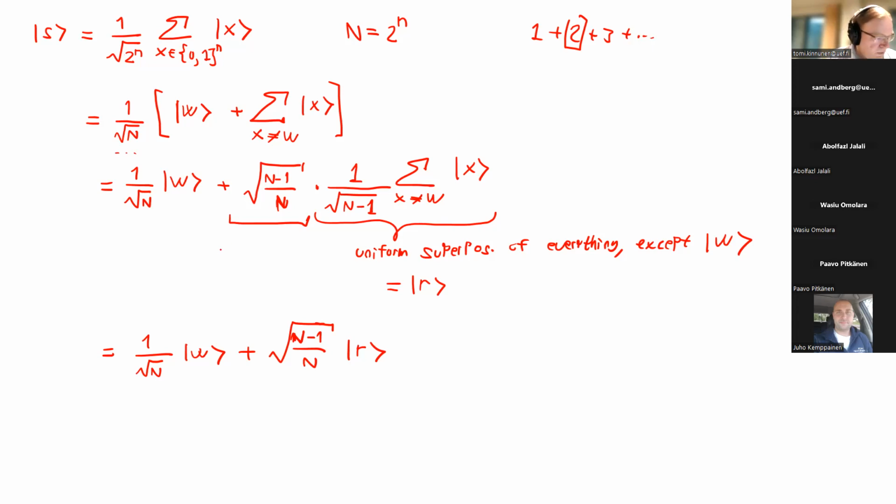Now one of the ideas is that these two vectors we can easily visualize in 2D. These two vectors happen to be orthogonal to one another. If we have a coordinate axis, let's say W goes on this side and R goes on this side.